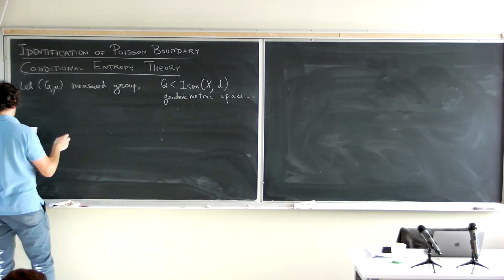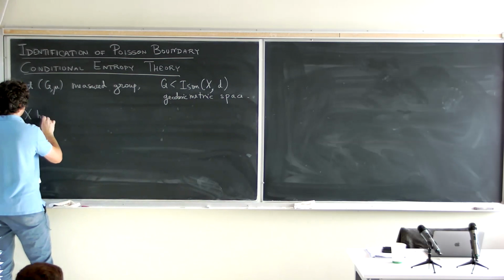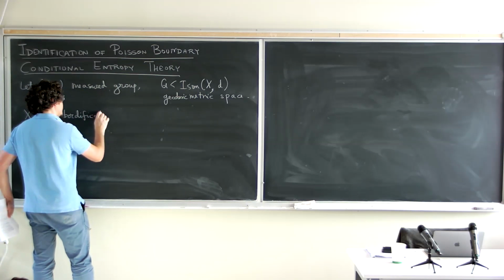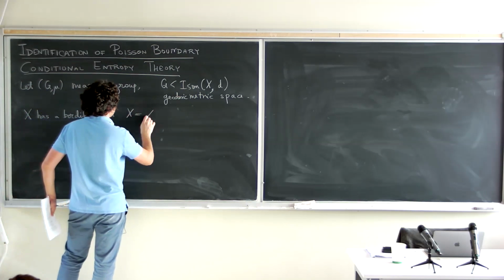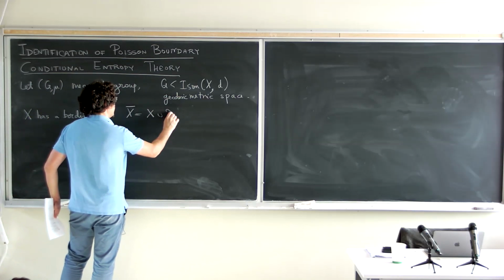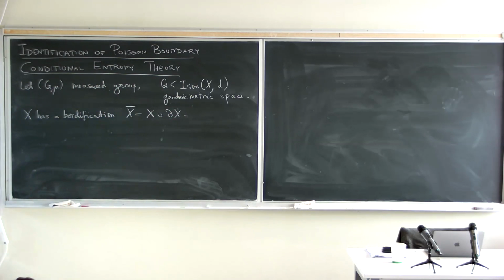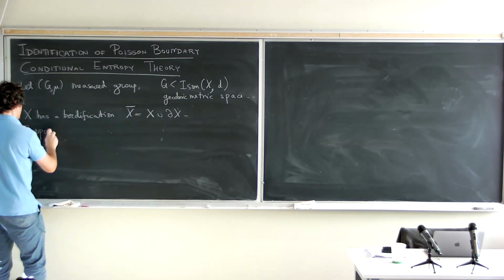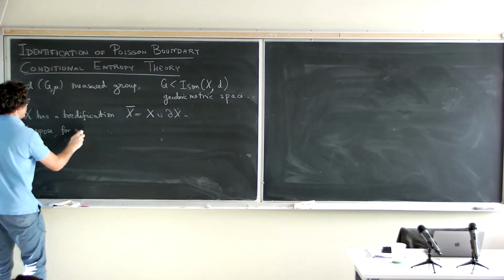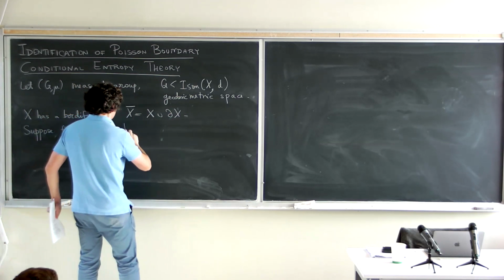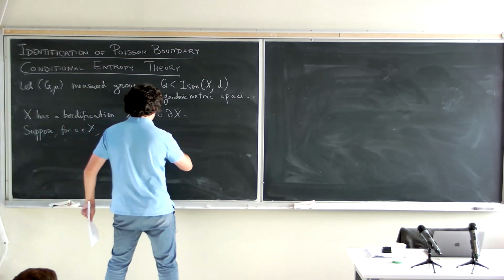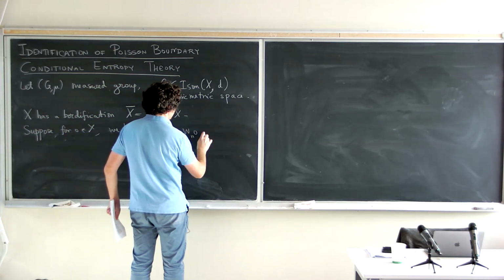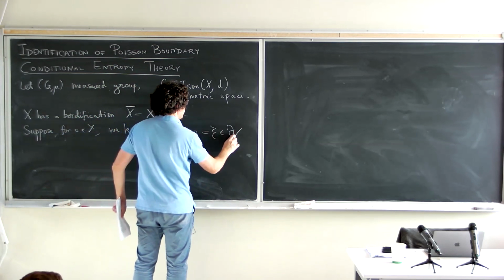And then again X has a bordification, X bar. Suppose we know that for a base point O in X, the limit of the sample path W_n O exists on the boundary.